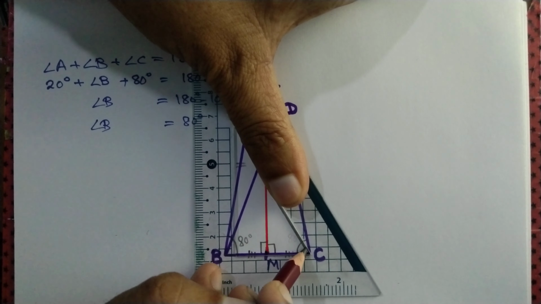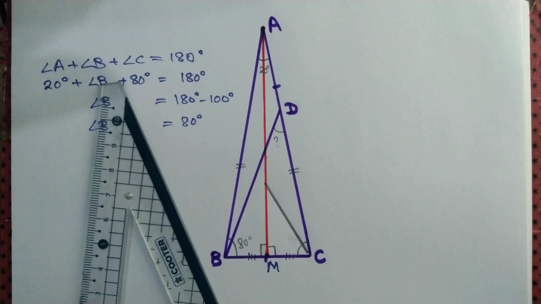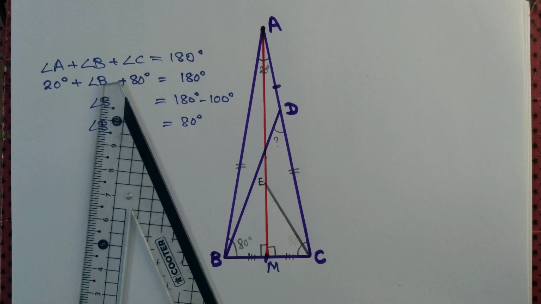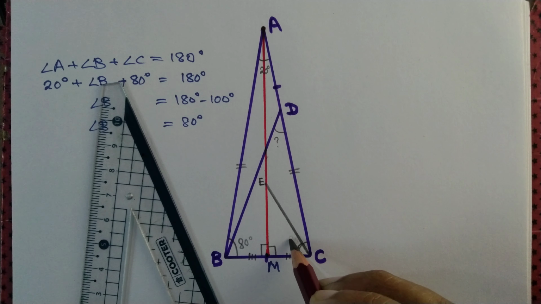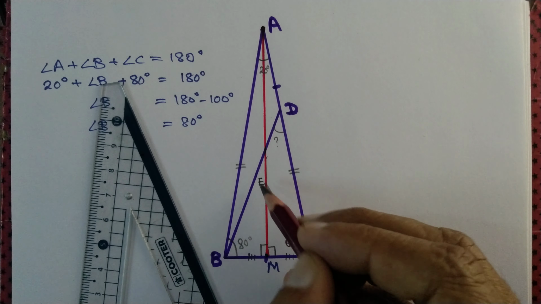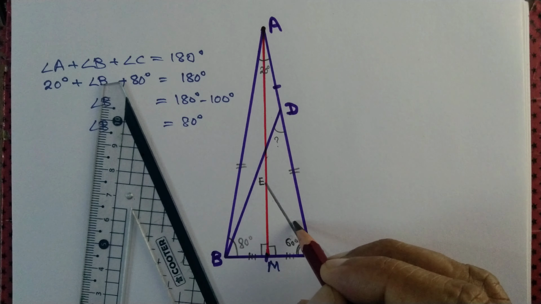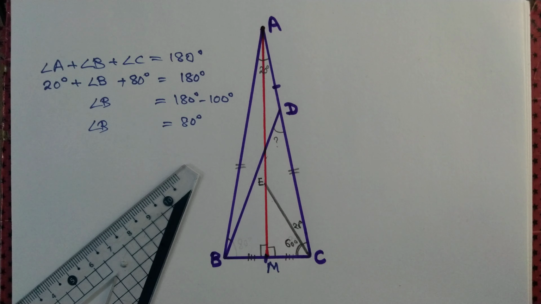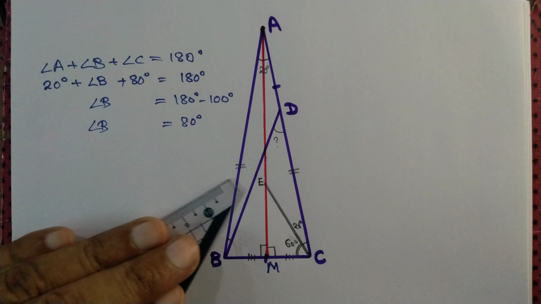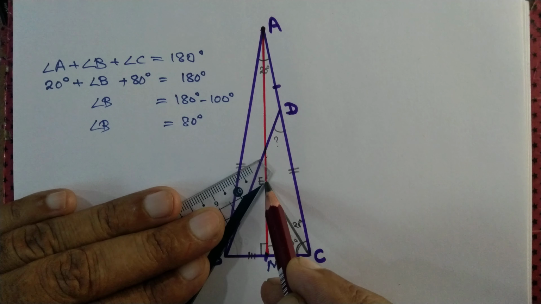We draw an arm EC such that angle ECM measures 60 degrees and ECA measures 20 degrees. And of course, E lies on the line segment AM. We join EB as well.